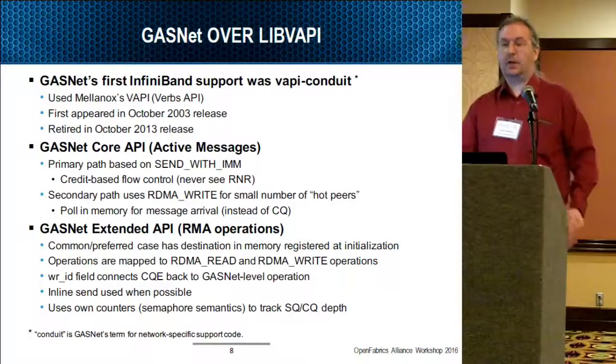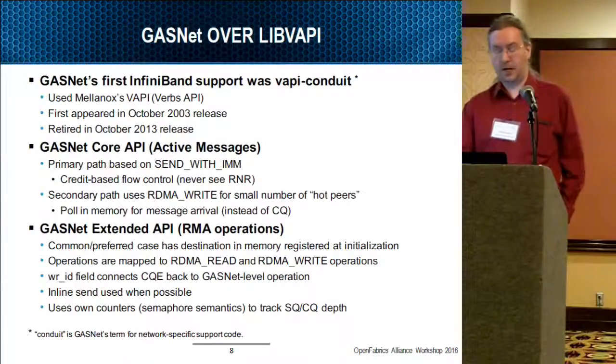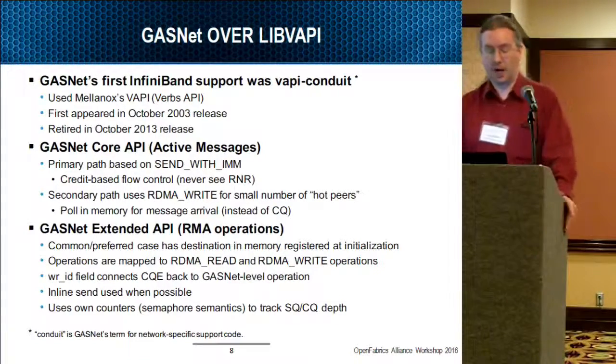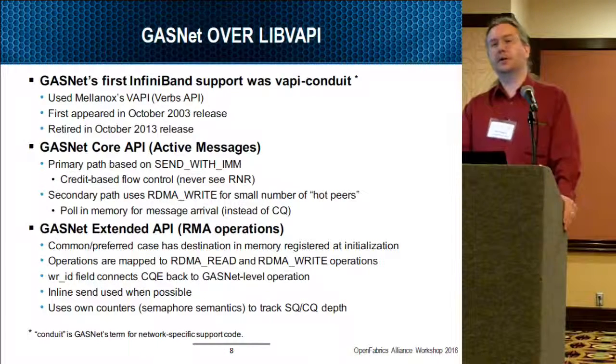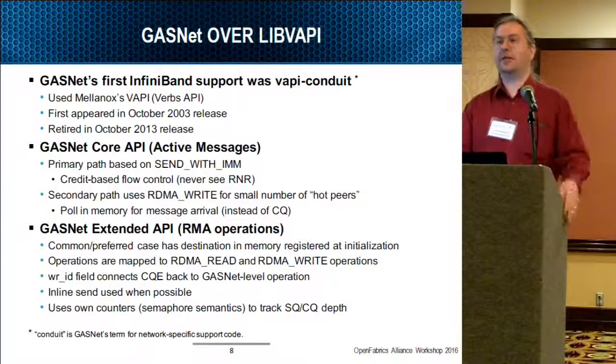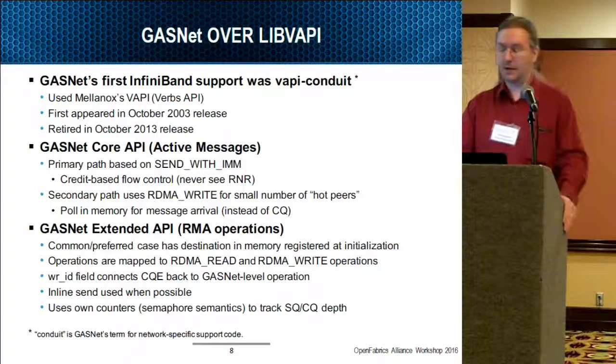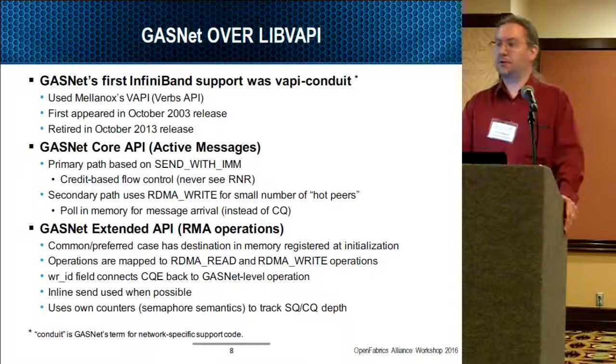In terms of the extended API, the get and put operations, the common or preferred case, and I'll elaborate on this more in a later slide, has the remote memory, so that's the destination of the put or the source for the get, in memory that's been registered at initialization.